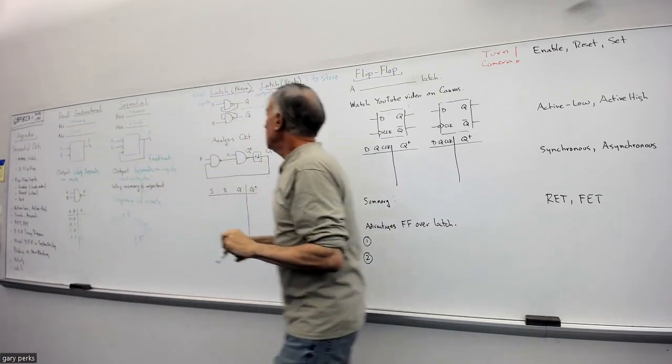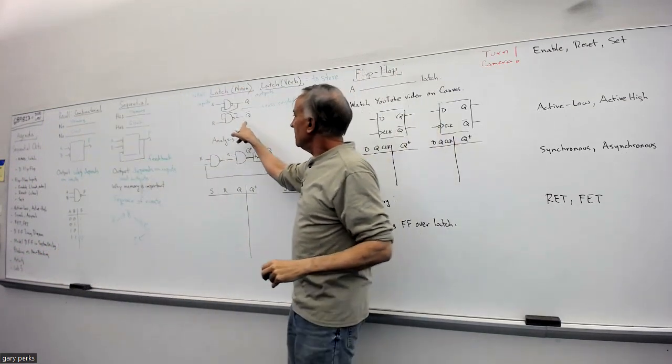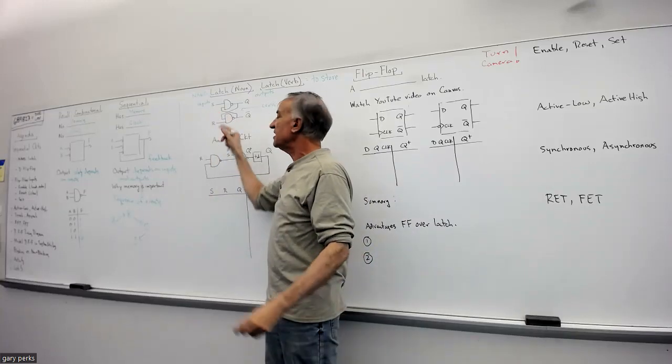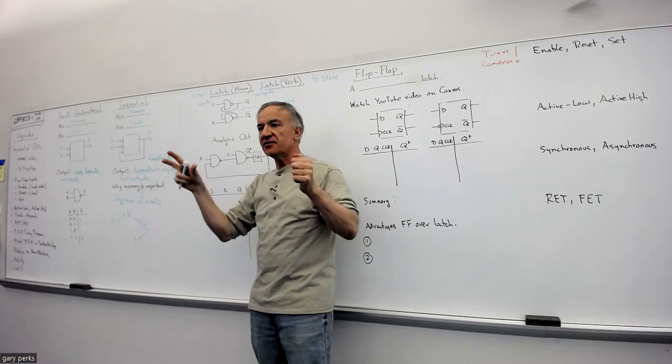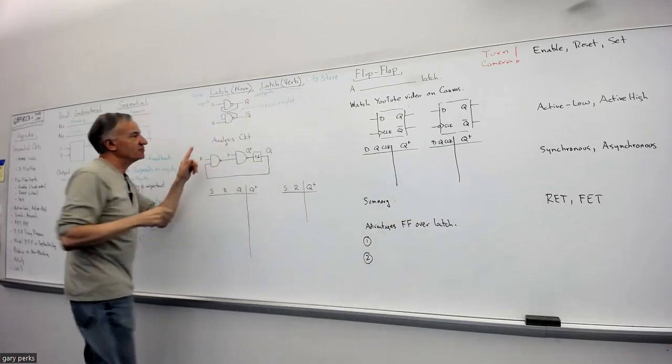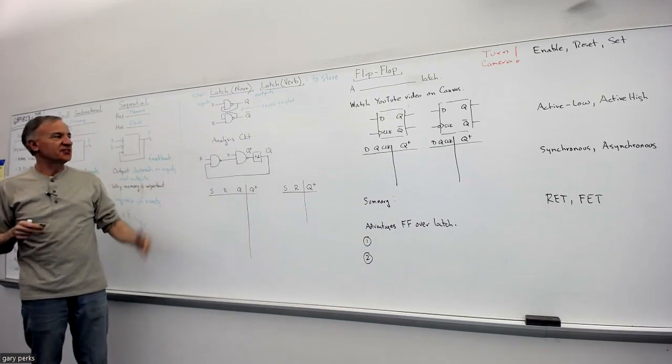All right, so this is the actual circuit that you would hook up on a breadboard. This is the actual circuit that you would model, like in SystemVerilog. But then we have this other circuit that we call an analysis circuit.